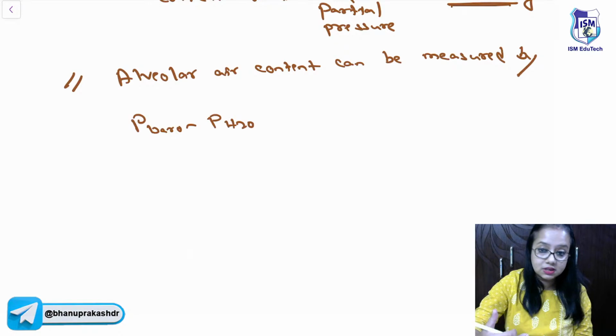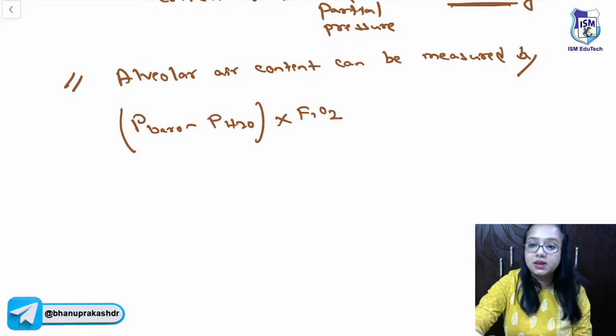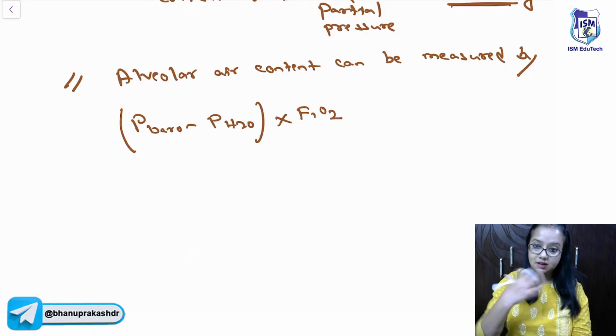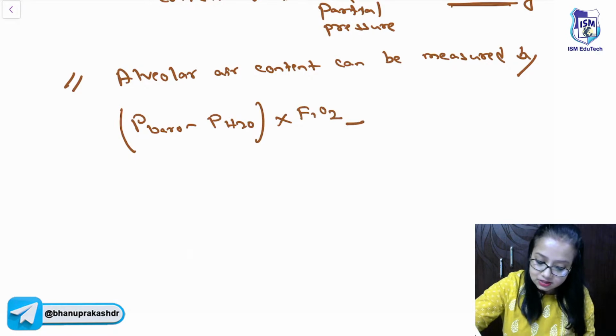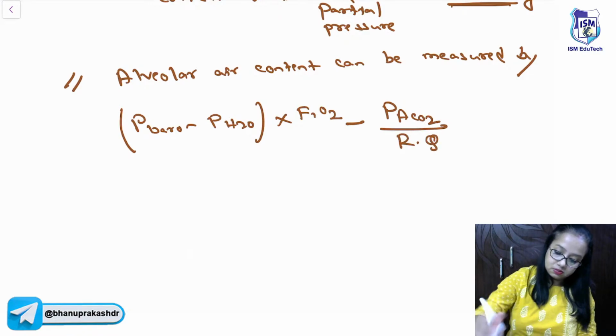Water vapor is 47 mmHg, into the fraction of inspired air, the fraction of the inspired air that we are inspiring, minus the partial pressure of the alveolar carbon dioxide by the respiratory quotient.